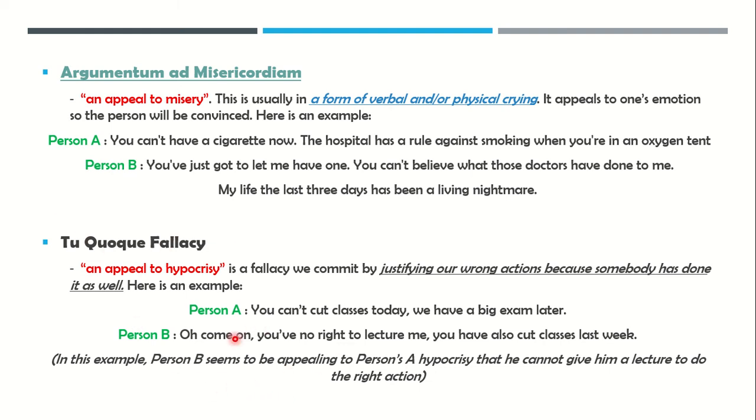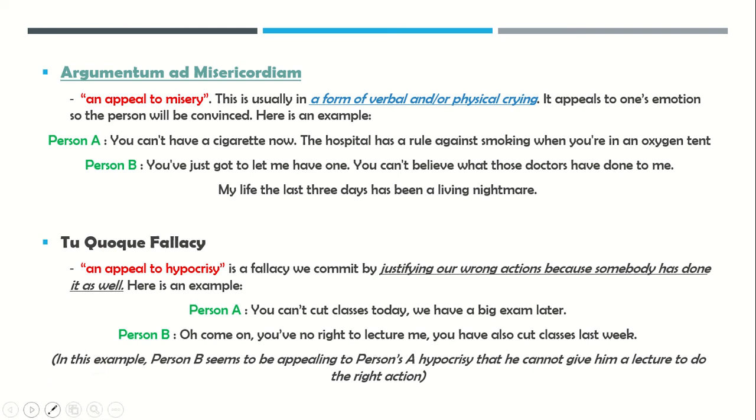She dismisses her mother's argument because she believes her mother is speaking in a hypocritical manner. So we counteract a person's statement because we feel that their statement is hypocritical. That is the meaning of the tu quoque fallacy.